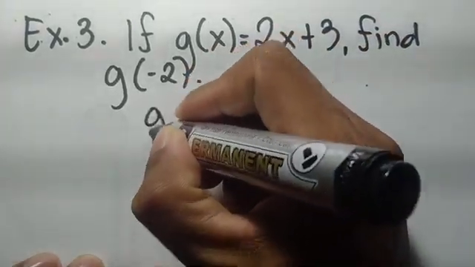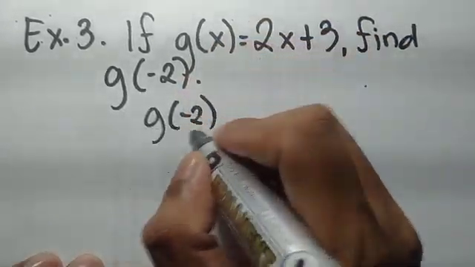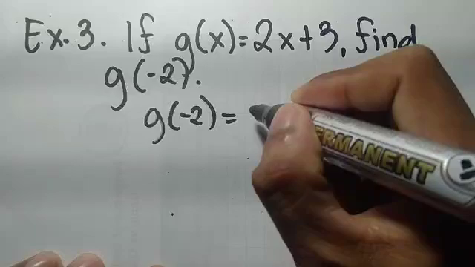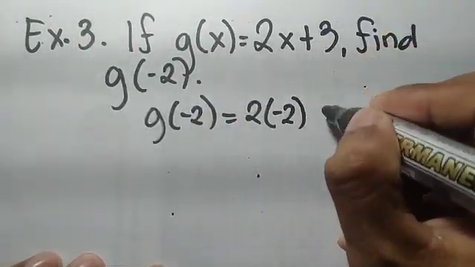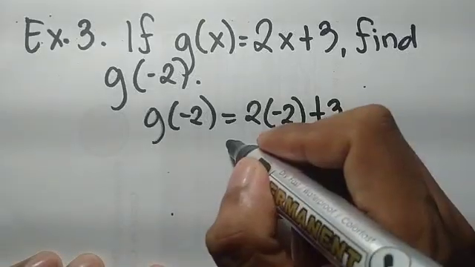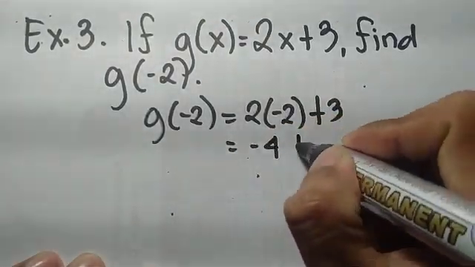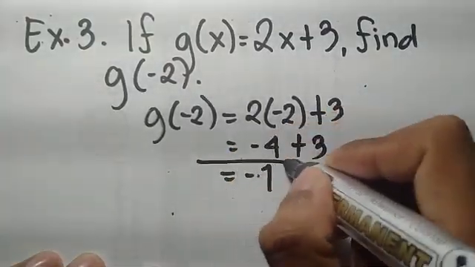So we have g of negative 2. Instead of g of x, we write g of negative 2 equals. Instead of 2x, we write 2 times negative 2 plus 3. Then we do the math. So 2 times negative 2 is negative 4 plus 3 is negative 1.